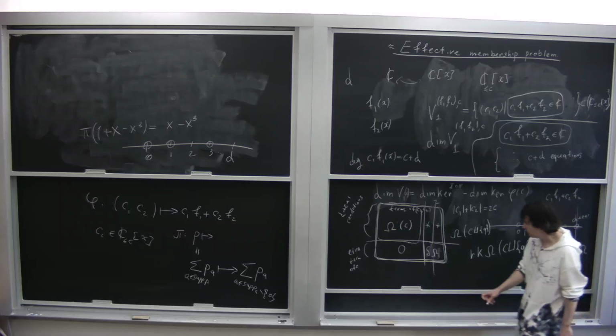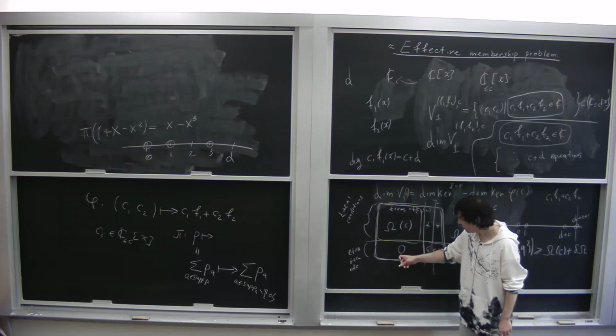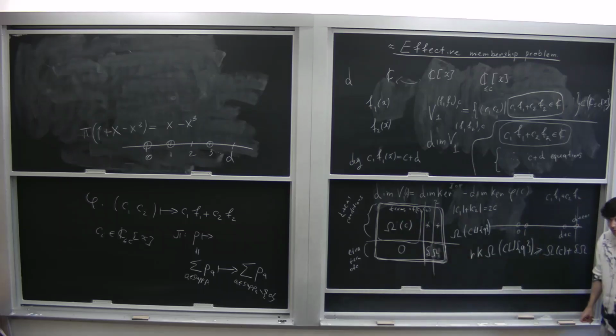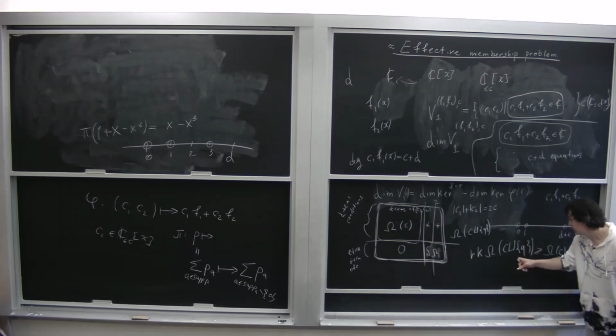Because we have zeros in the intersection of old omega and delta omega. So we can estimate the rank of new matrix by this inequality.